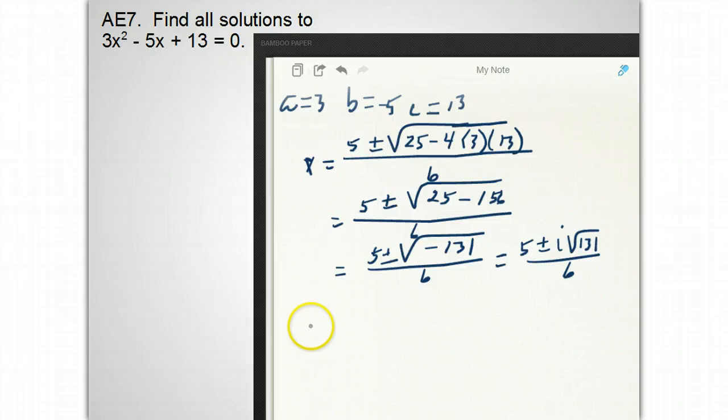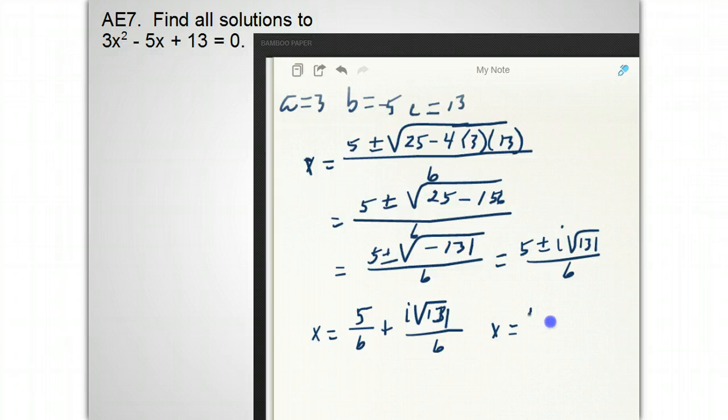And if we want to write our solutions in standard form, x would equal 5/6 plus i times the square root of 131 over 6, and x equals 5/6 minus i times the square root of 131 divided by 6.